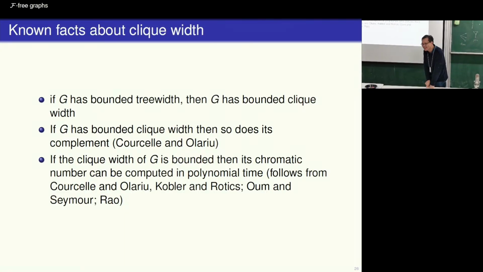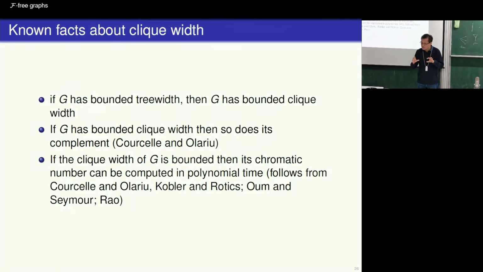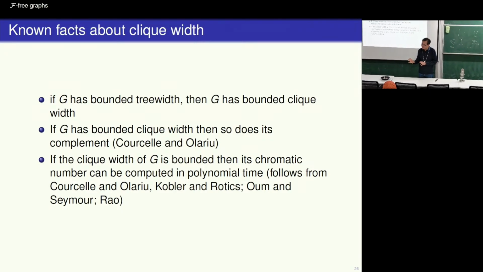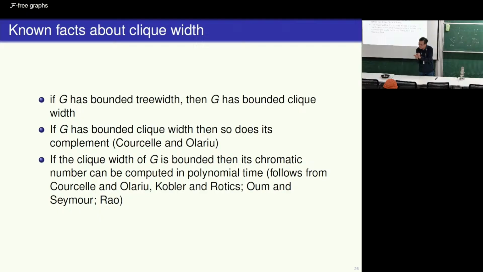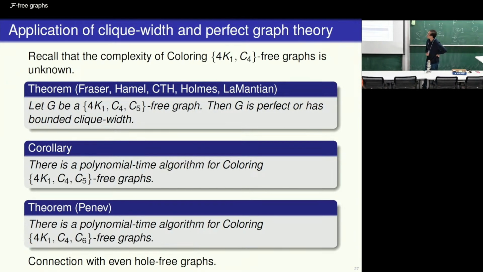You also mentioned that for P5 free, coloring is NP hard. Right, but this means P5 free graphs have unbounded clique width. But I thought you said PK, P4 free graphs. Ah, okay, sorry, just the PK. No problem.